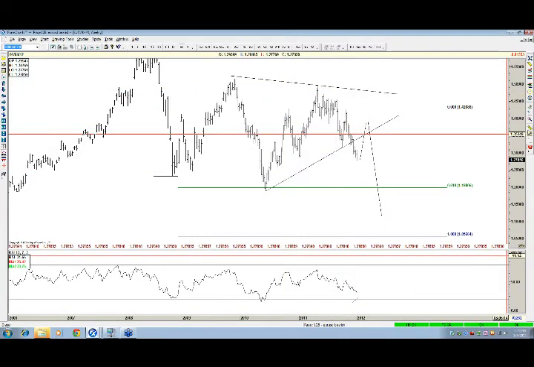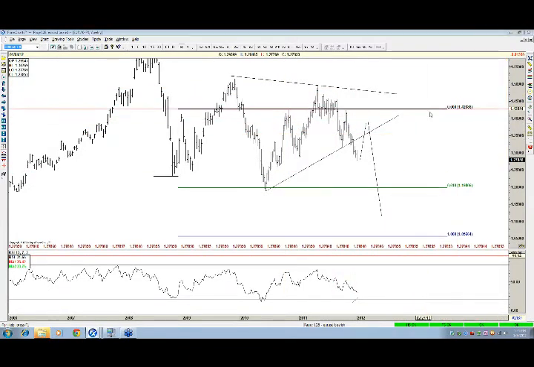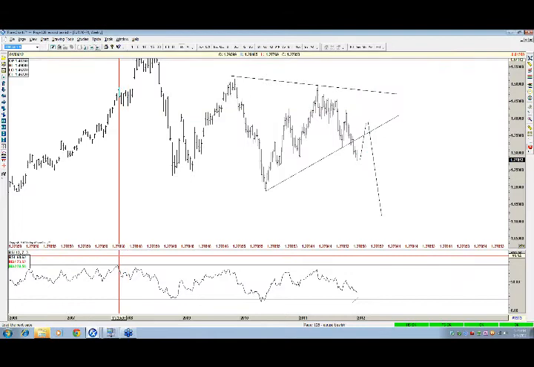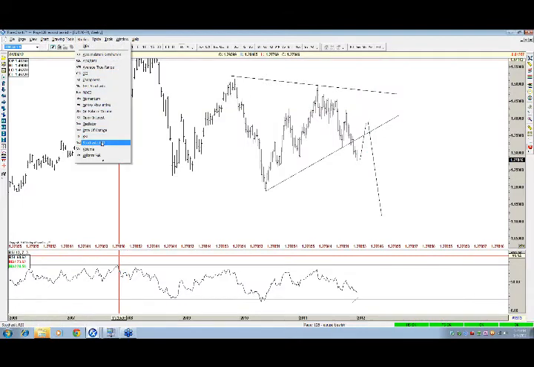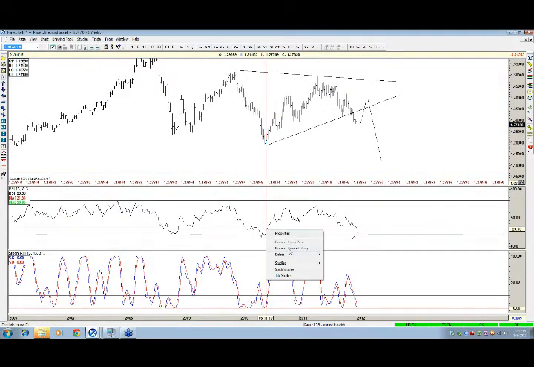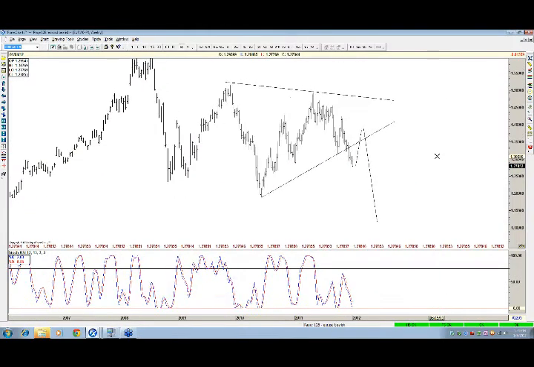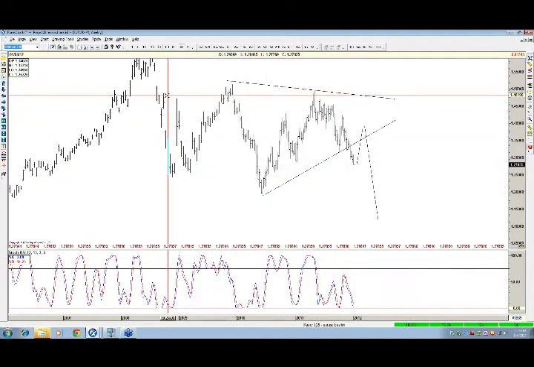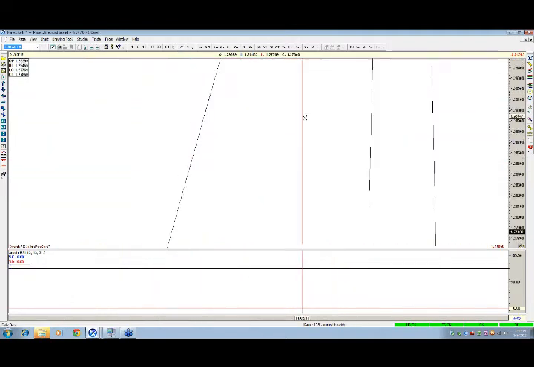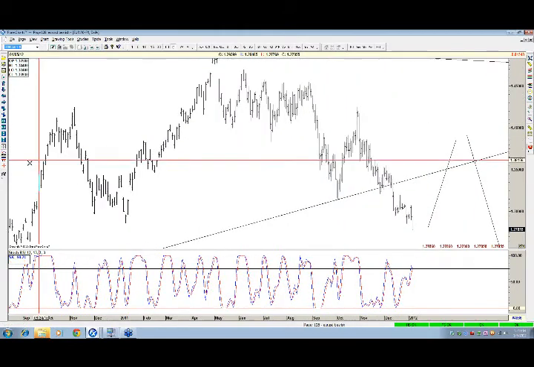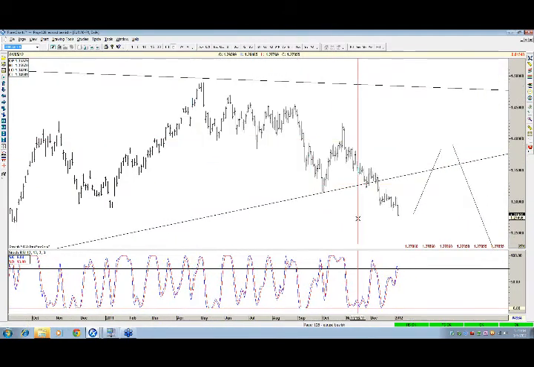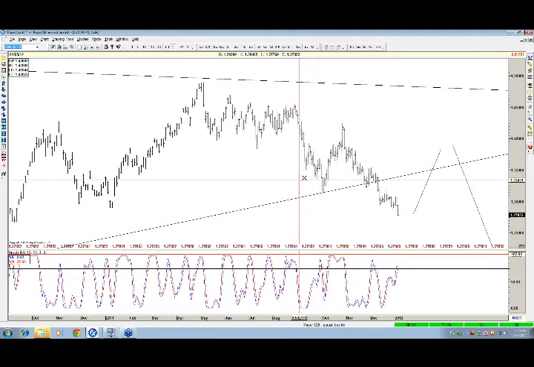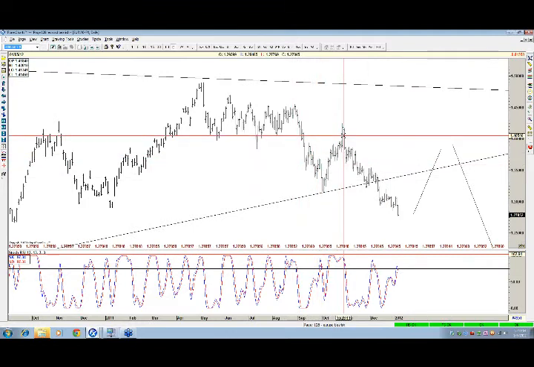Now, another way that you guys can do it is using this indicator. If you notice here on the daily, look, when the bounce happened, he went to the top.